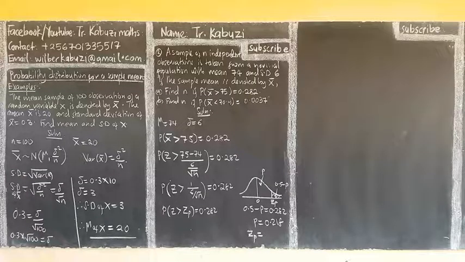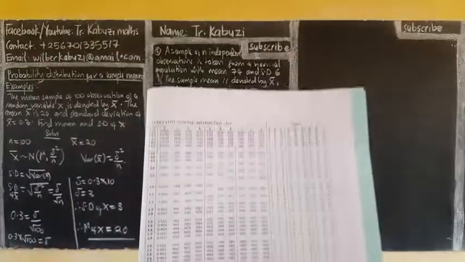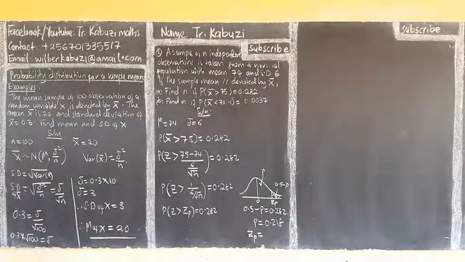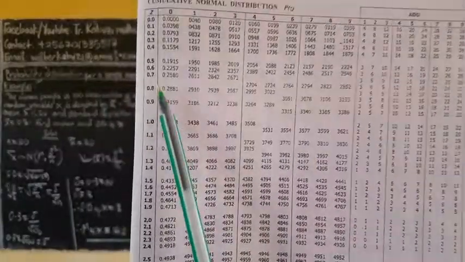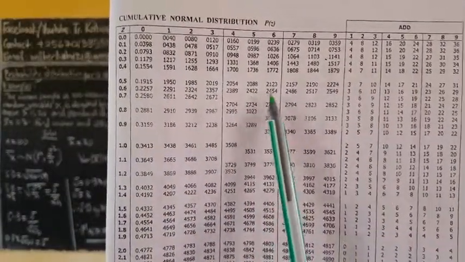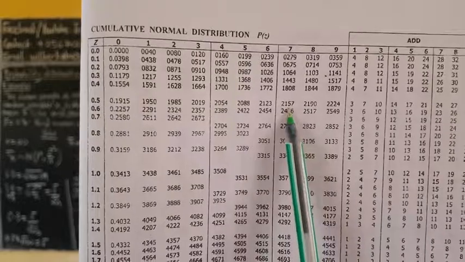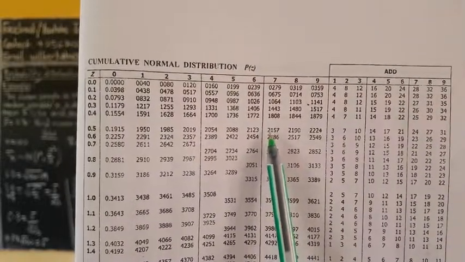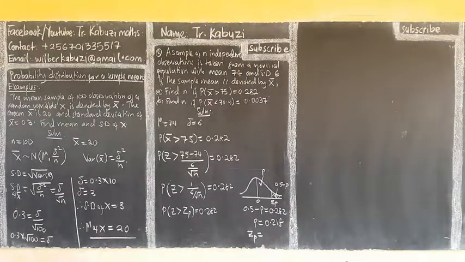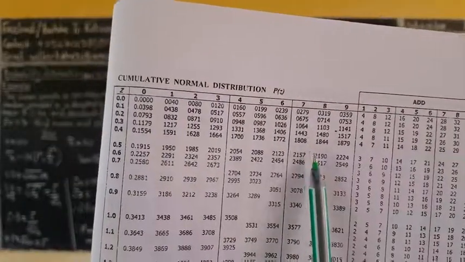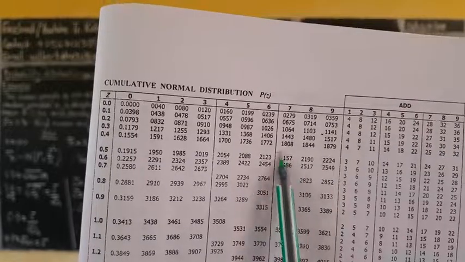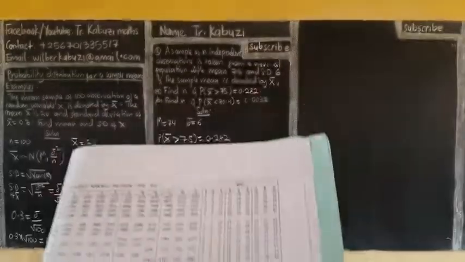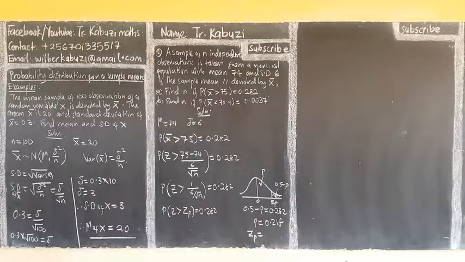The value we are looking for is 0.218. When you come into our table, the value that is close is this one. But you take the difference here: when you get to 0.218 and subtract off this value, the difference is going to be 23. So our difference is 23. This is what I'm talking about.